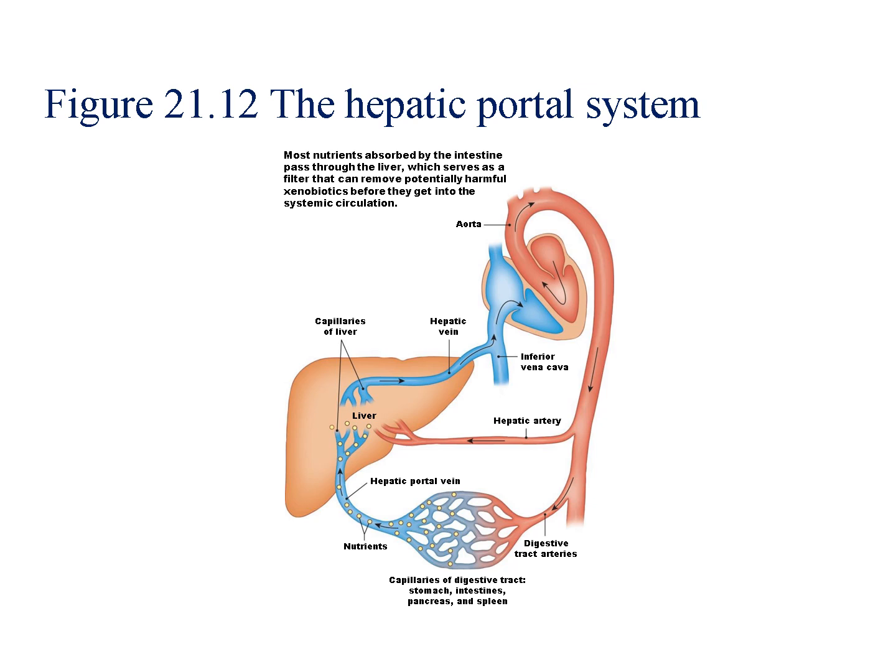After filtration, the processed blood exits the liver through the hepatic vein and joins the inferior vena cava, which carries it to the heart for distribution to the rest of the body. Meanwhile, oxygen-rich blood from the hepatic artery supplies the liver with the necessary energy to perform its functions. This system ensures that nutrients are properly utilized and harmful substances are neutralized, maintaining metabolic balance and protecting overall health.